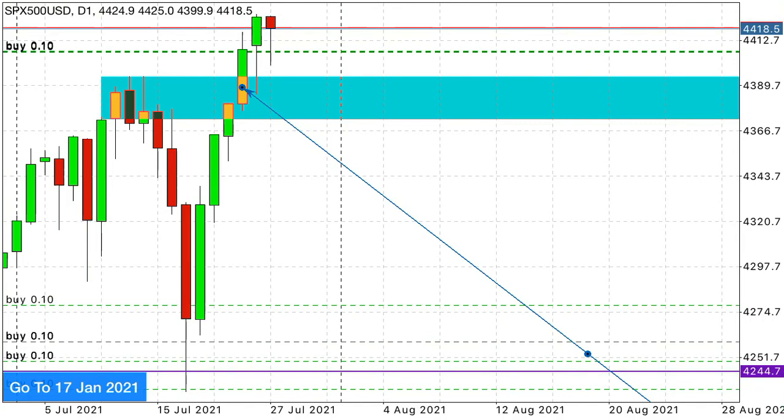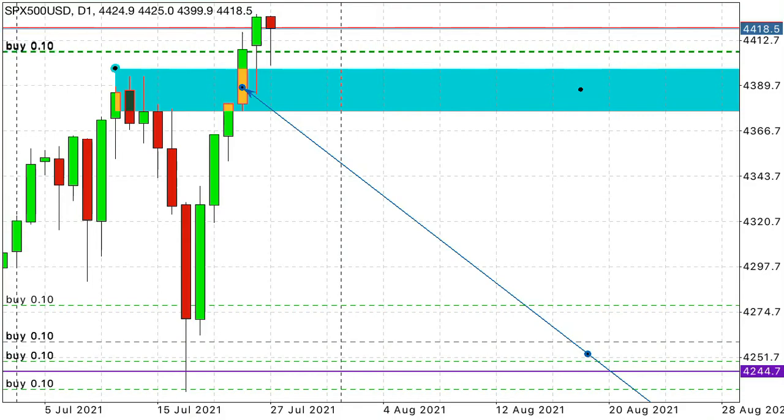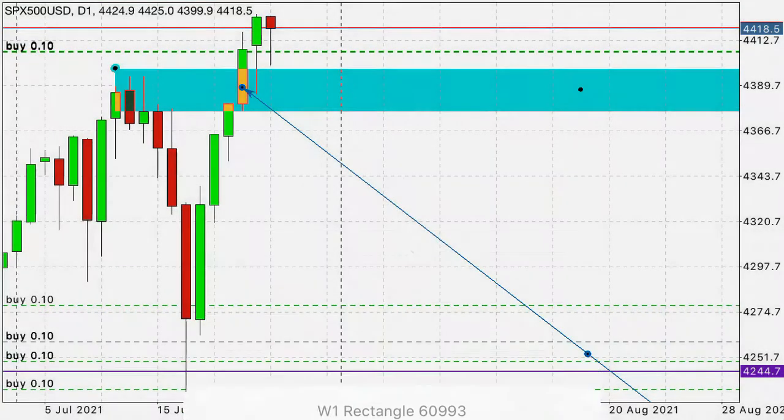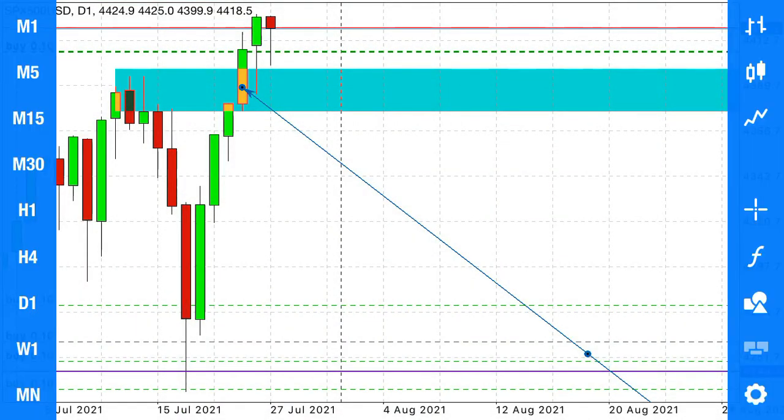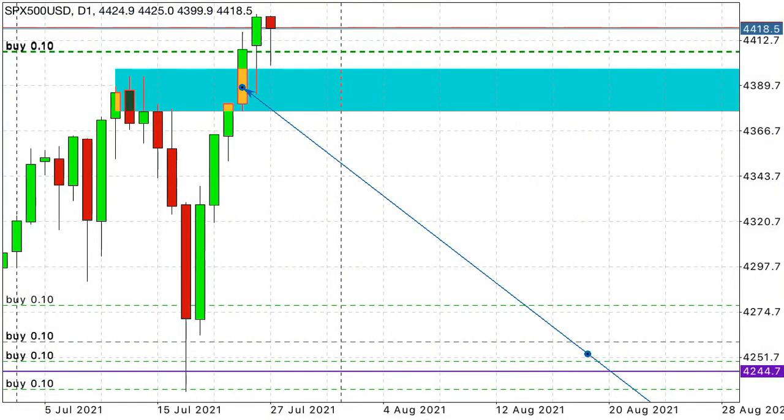If you check on a daily, that blue zone now, on a daily, we have what? We have the resistance, which is 4394, right?